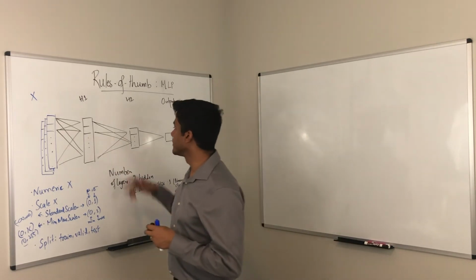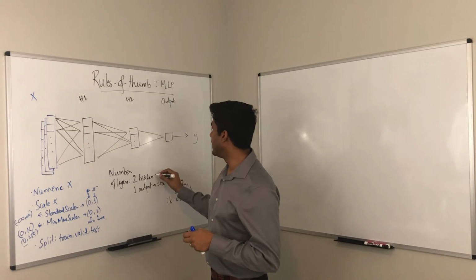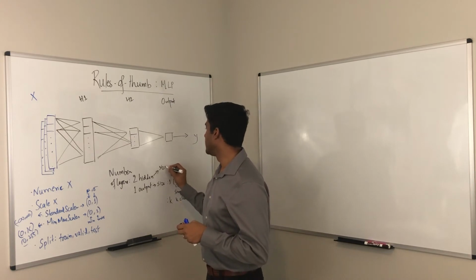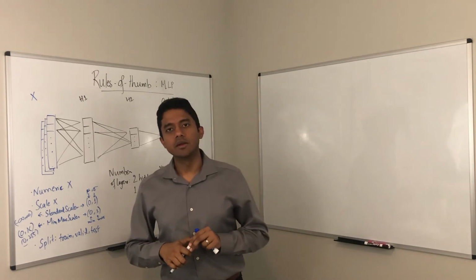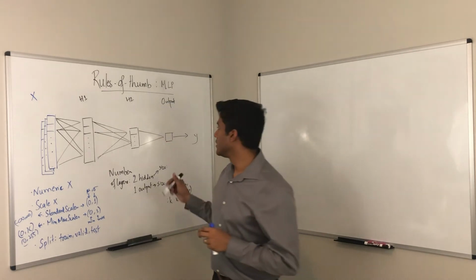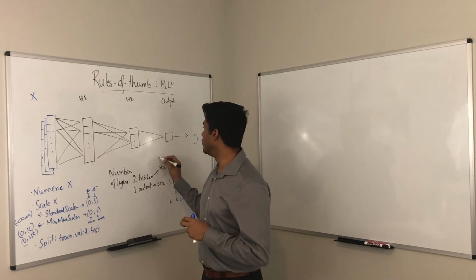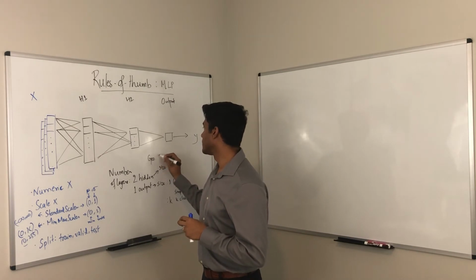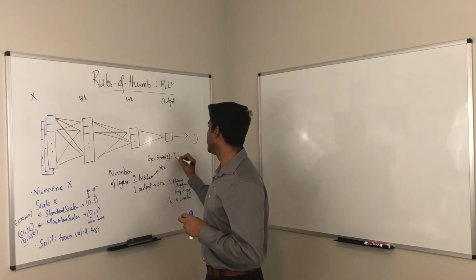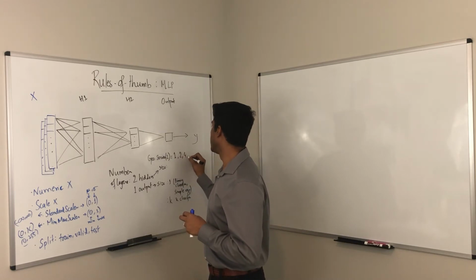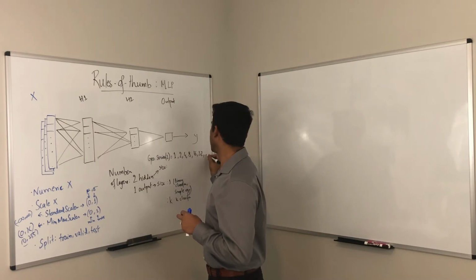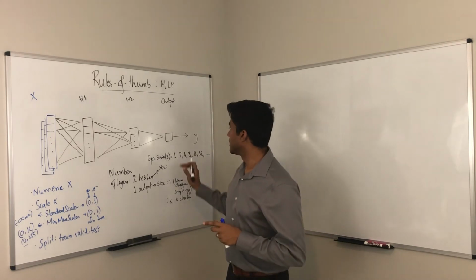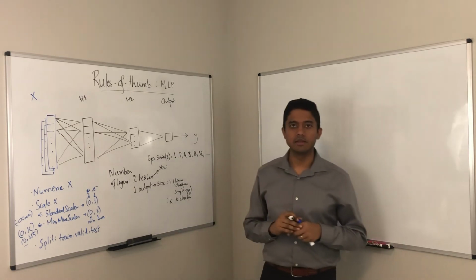About the hidden layers, the size of the hidden layer, you can choose it from the geometric series of 2, a series like this.